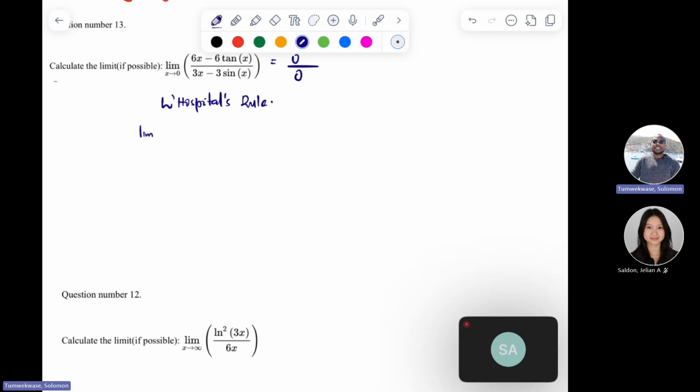So this becomes the limit as x approaches 0.